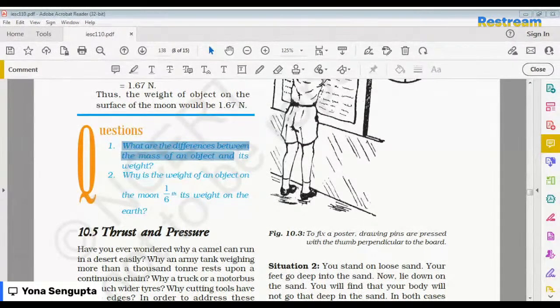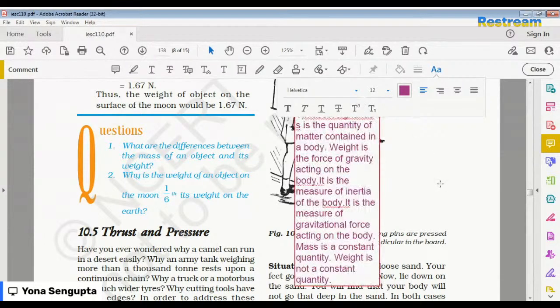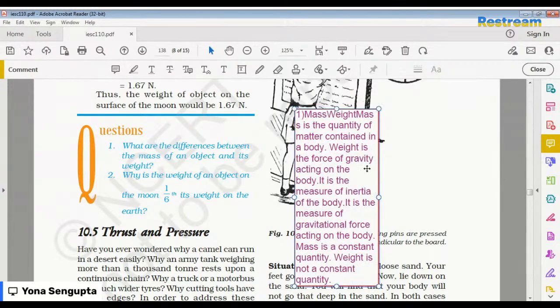You will draw two columns and write it down. But here I'm not getting space, so I'll just write down. So this is the answer.